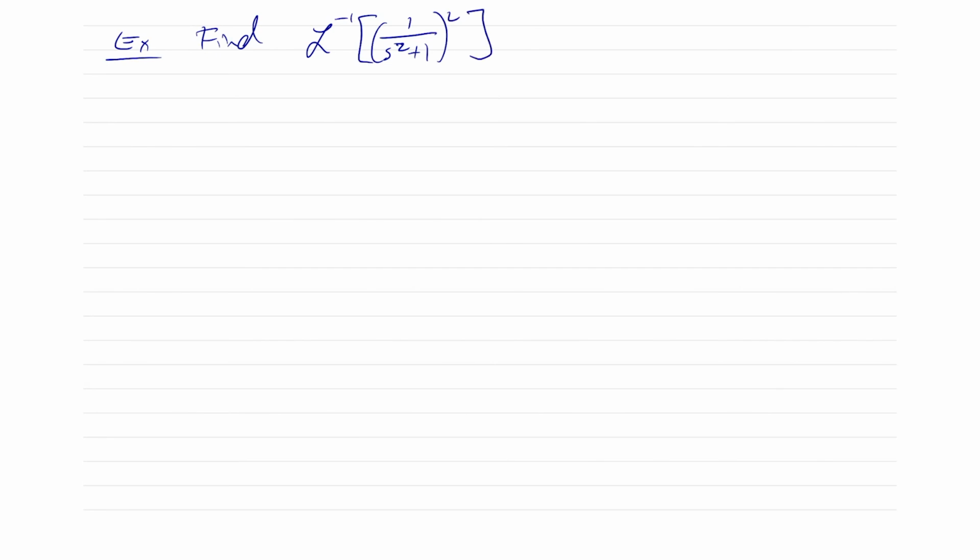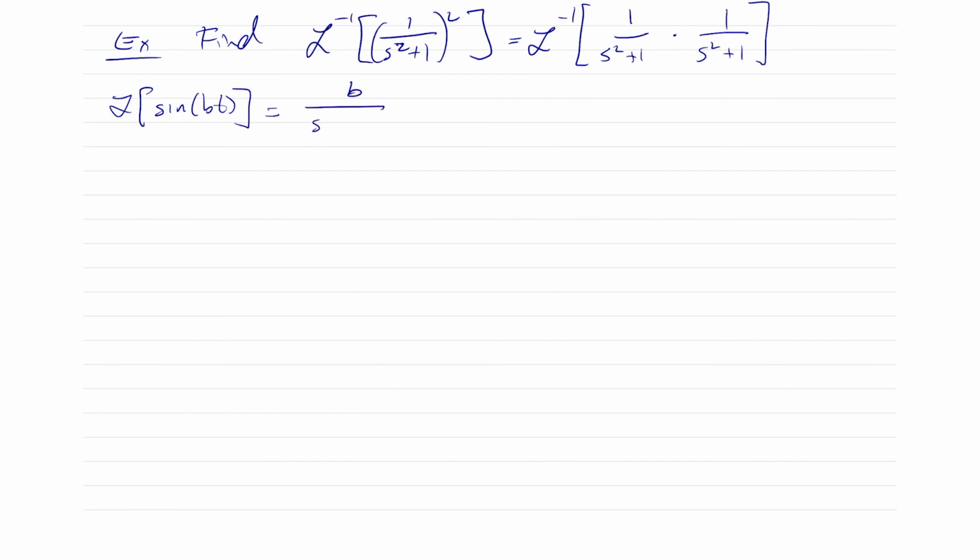Well, this is the Laplace transform of sine times the Laplace transform of sine. Remember, just to be clear, the Laplace transform of sine of bt is equal to b over s squared plus b squared.